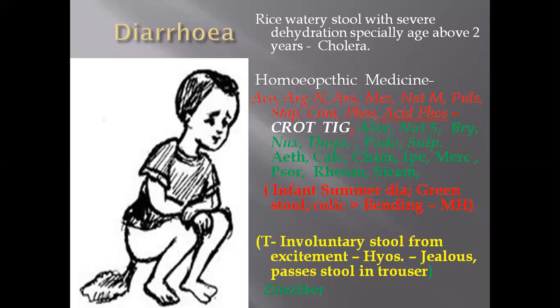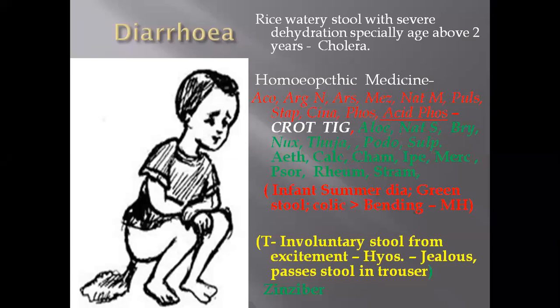But in case of Aloe, you have to remember another important point, that is driving out of bed early in the morning. That means in the early morning, the patient feels the urge for stool and cannot control it, for which you have to compare a minimum of 5 to 6 medicines.